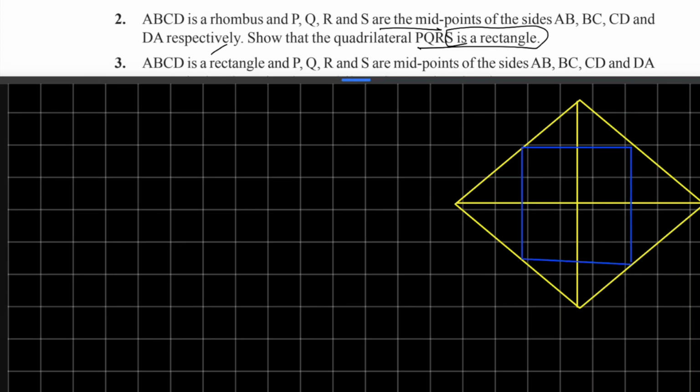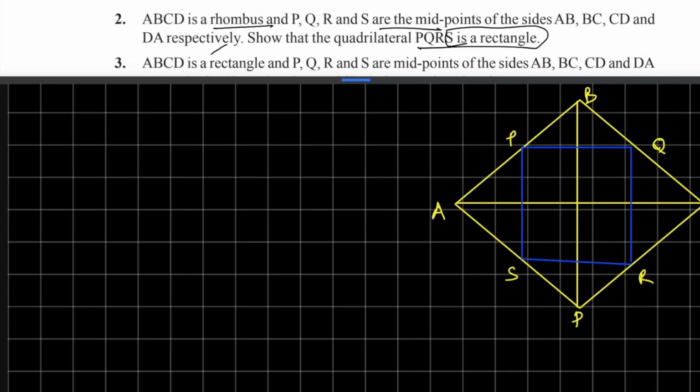Now we have already made the figure, let's name it with a different color. So our rectangle is PQRS, and the rhombus is ABCD. Is there any other point?